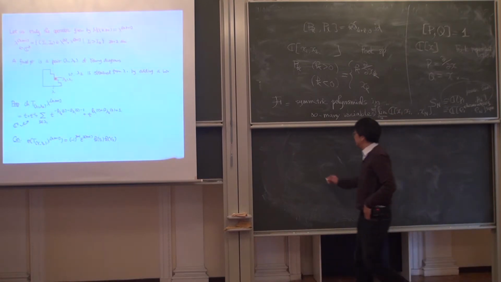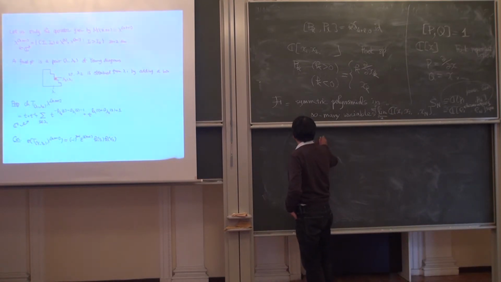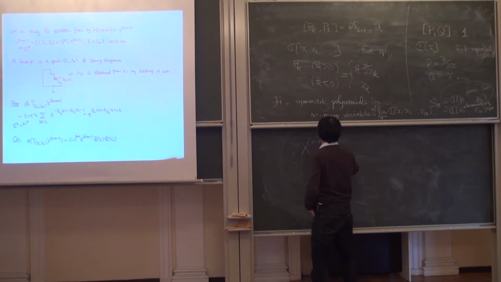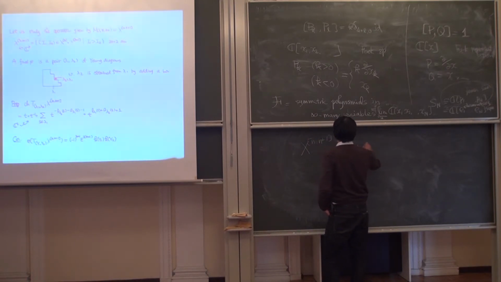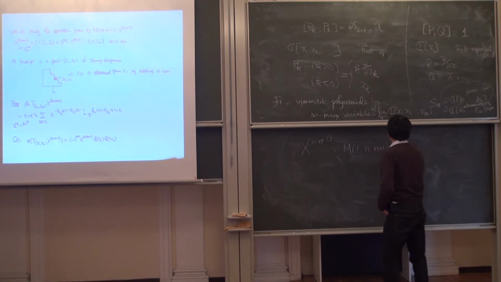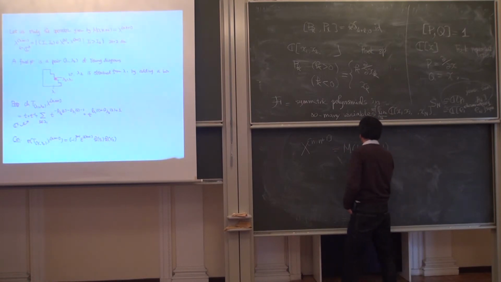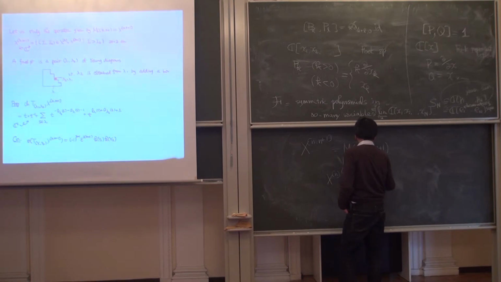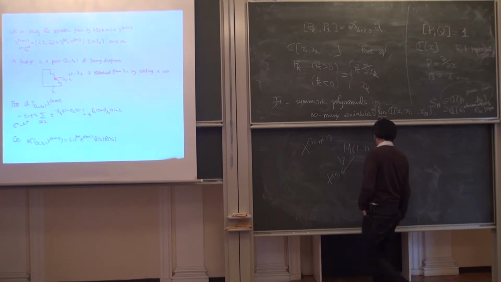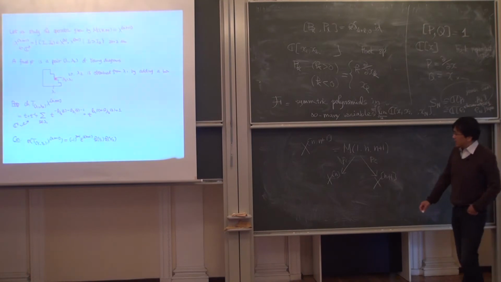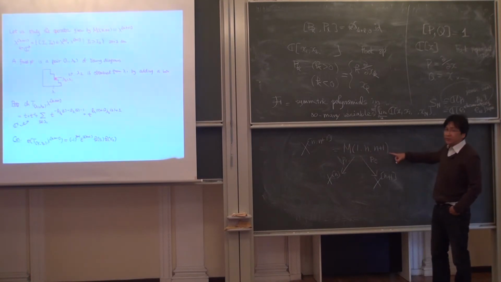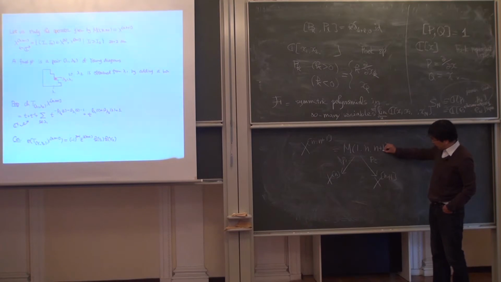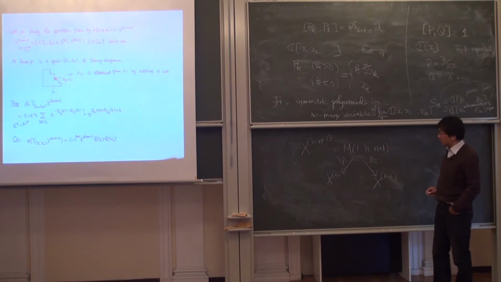So X_n and X_{n+1}, you have two projections. And I mentioned that this is smooth if I increase only the number of points by 1, and if I increase more, the space is singular.